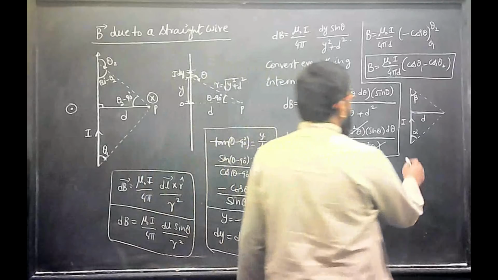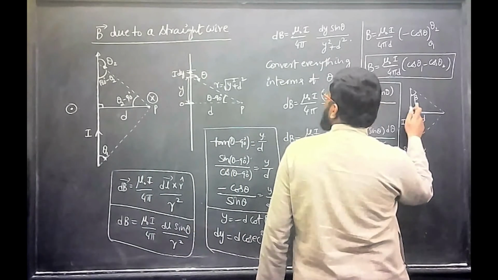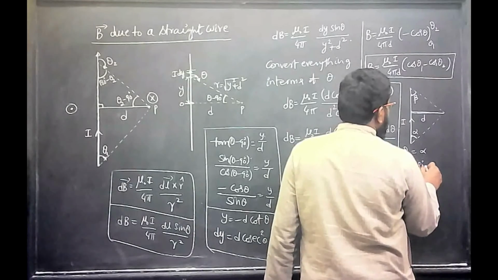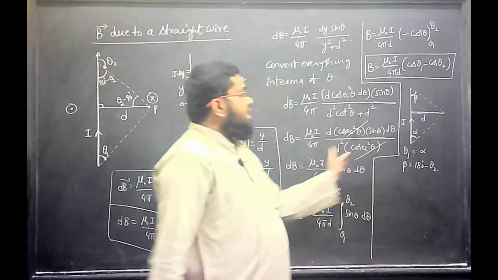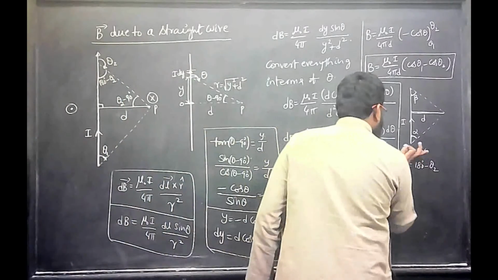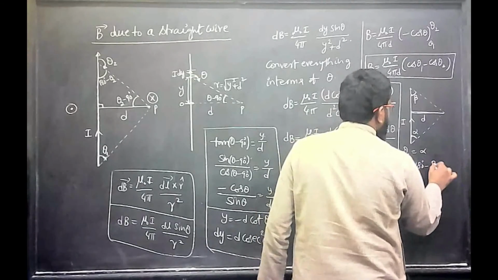So in place of theta 1 alpha is there, and beta is 180 degrees minus theta 2. So theta 2 is equal to 180 minus beta.